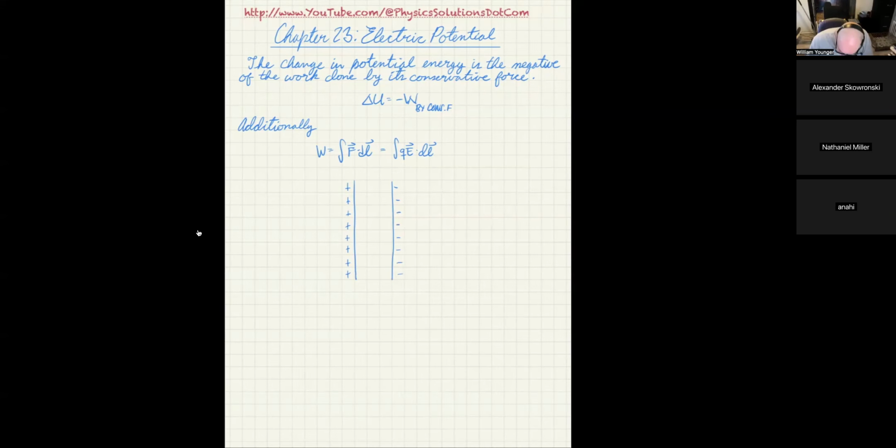Now, if you imagine a positive point particle right there up against, almost touching the positive plate, we'll say that's position A. And then what we're going to imagine doing is moving that charge to the other side, and in so doing, we'll now be at position B. So we're moving it from A to B.